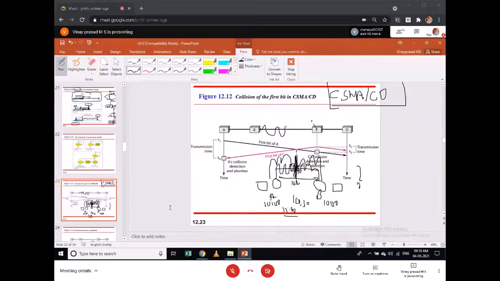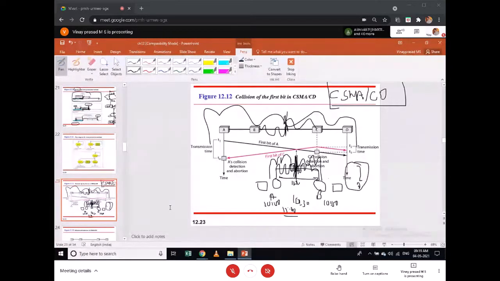That data may collide, and that signal would be sent to station D and station A. That would also be possible, right? How would a station come to know its own data is involved in the collision? Some other data might collide, and that collided signal would be received by station A and station B. That would also be possible, right?